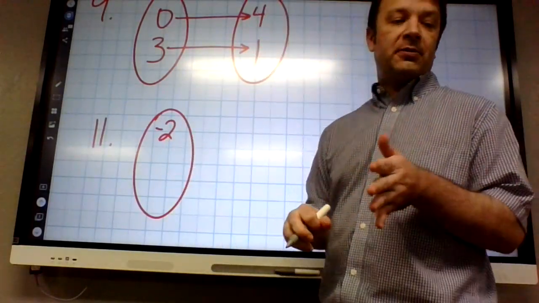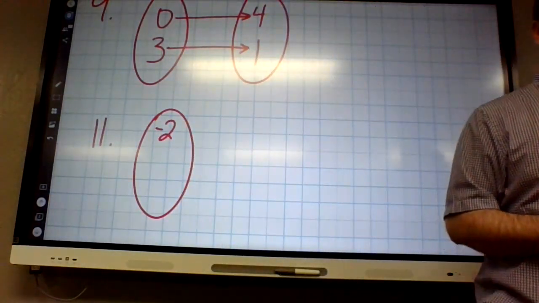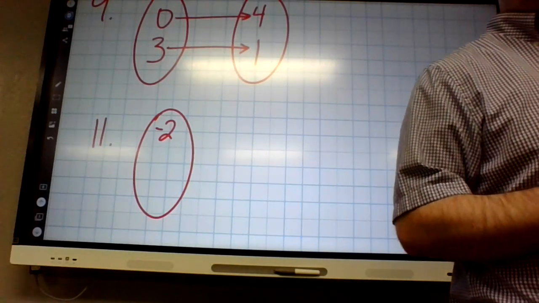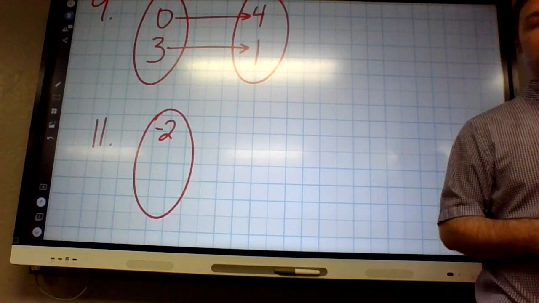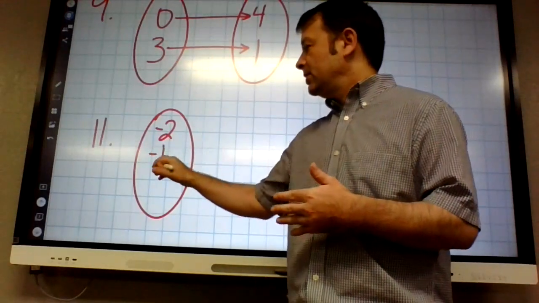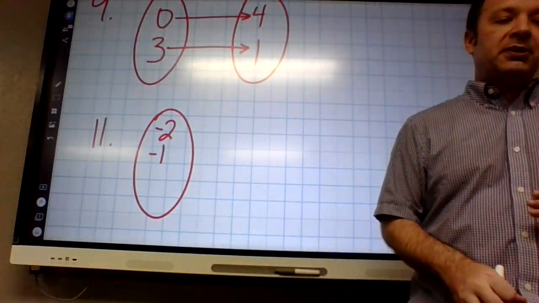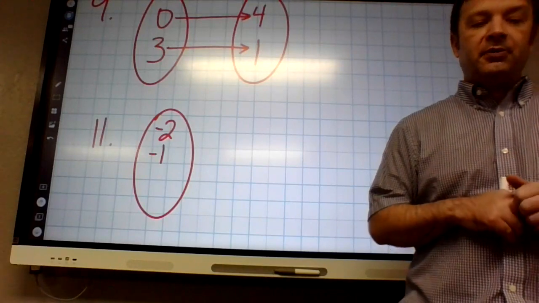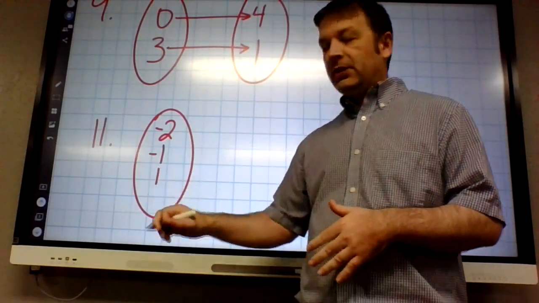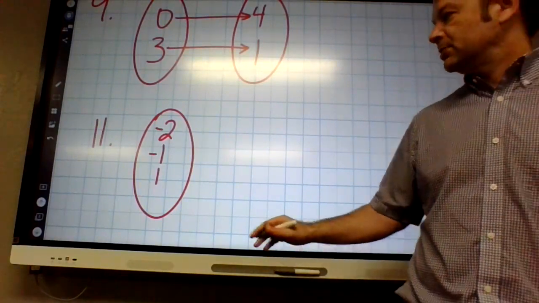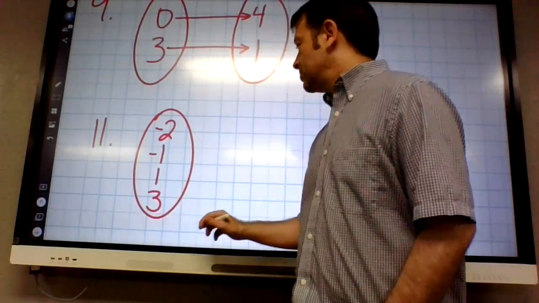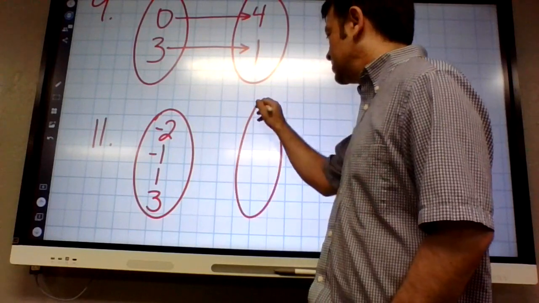And then if we step to the right, what's the x coordinate of the point there? It's 1 to the left, so it's -1. And if we keep going right, what's the next x value? +1. And then all the way to the right, how far to the right is that last point? 3. So those are the domain.